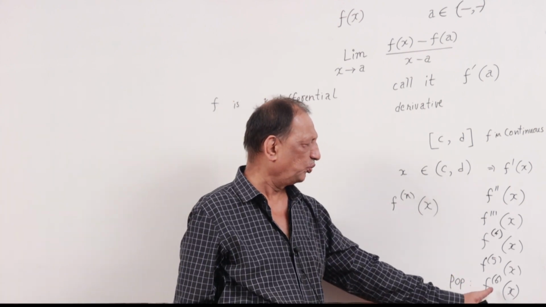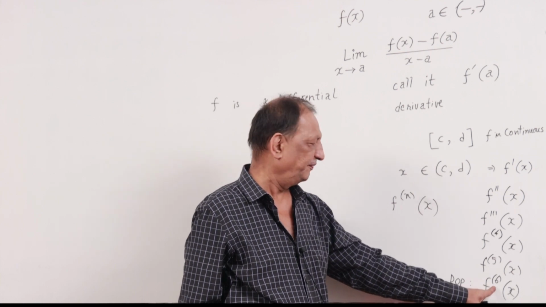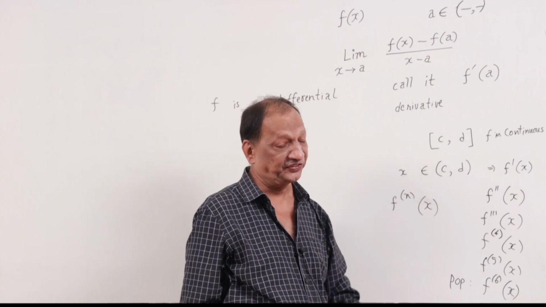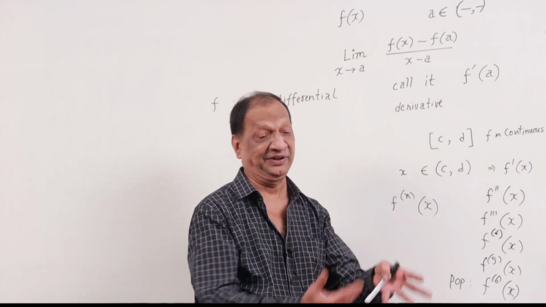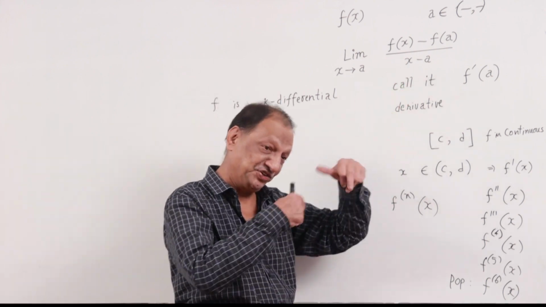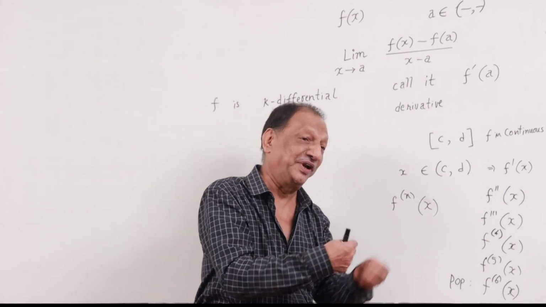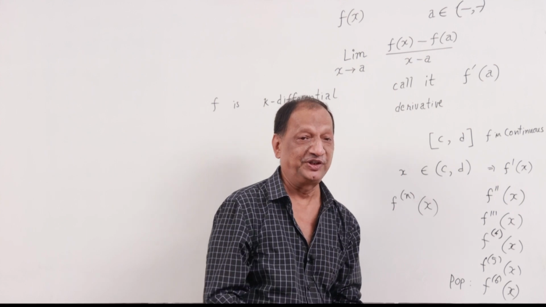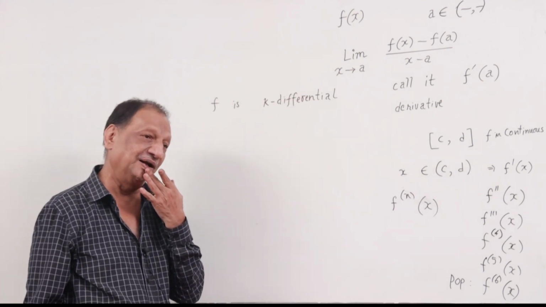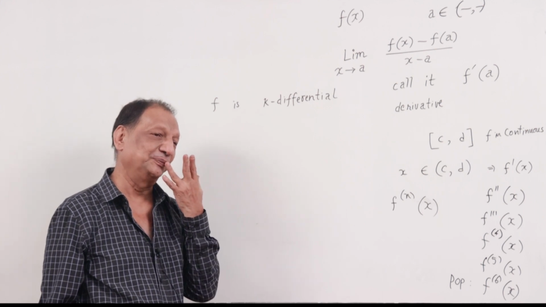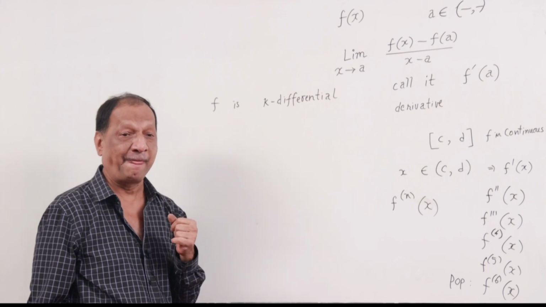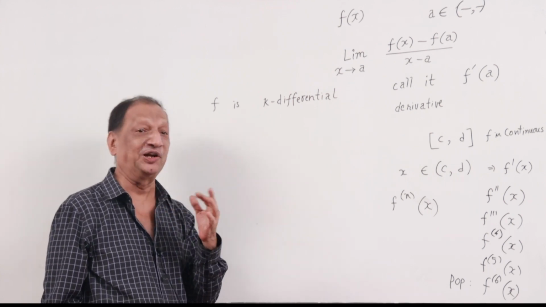We'll need this notation when we want to do differentiation of a function an infinite number of times. Just imagine the complexity of things involved. We are taking a limit each time, and again we take a limit, we keep doing that. Ultimately we get what are called Taylor series. A Taylor series is infinite differentiation of an infinite degree polynomial.